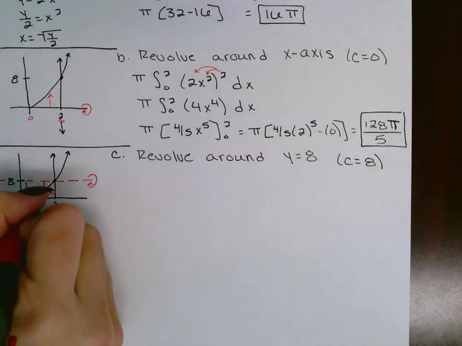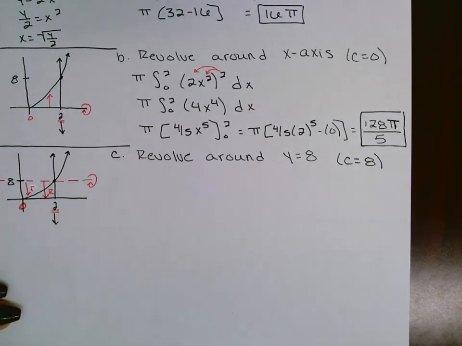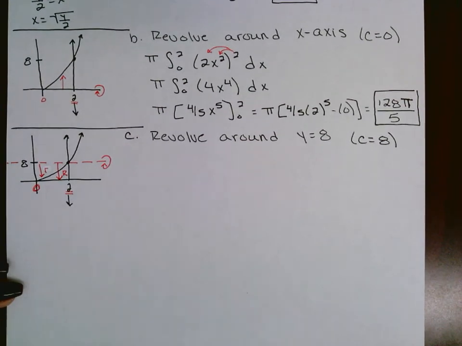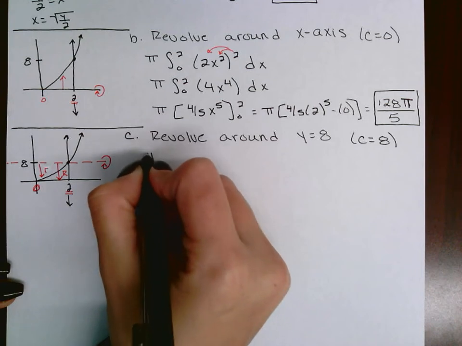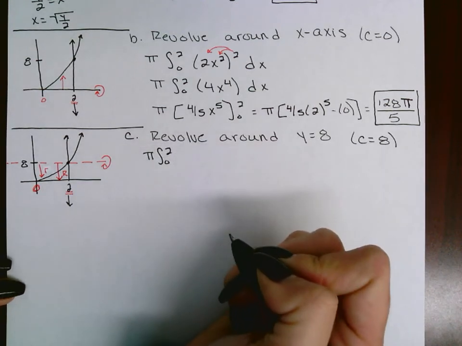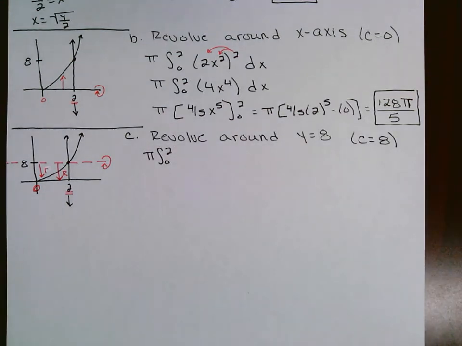And then it does go from 0 to 2. Okay, so be careful because we have a C and we have two functions. So we are filling out the full equation here, okay?